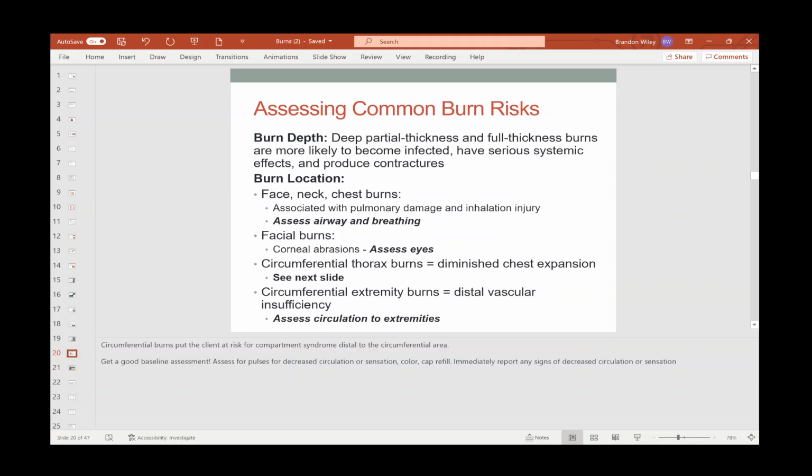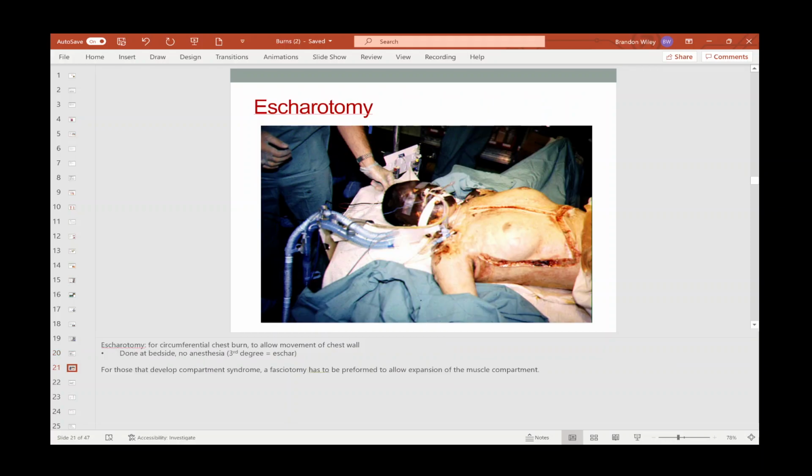And it's going to be the same, it doesn't matter where it is. So if I have circumferential burns on my arm and it's impinging circulation, I'm also going to have to do some surgical intervention with that as well. So circumferential burns are the worst, because they do cause hypoperfusion. So with this particular person, she has extensive burns on her chest, and so they did an escharotomy, and they basically had to cut into her tissue.